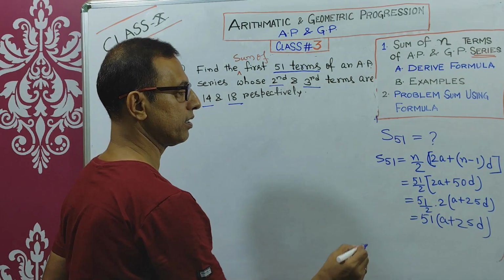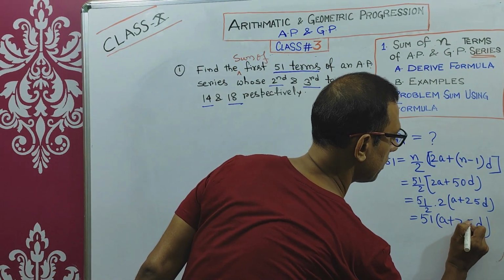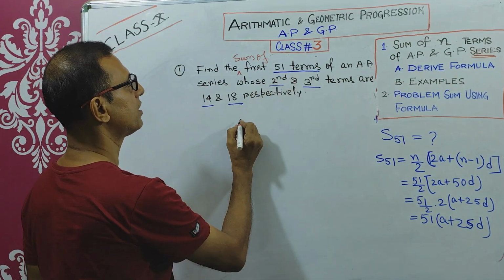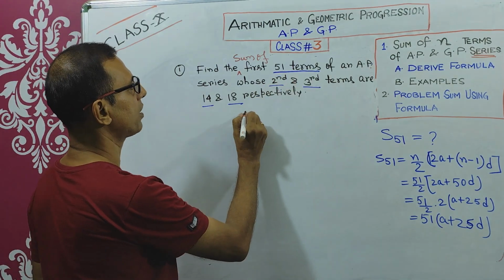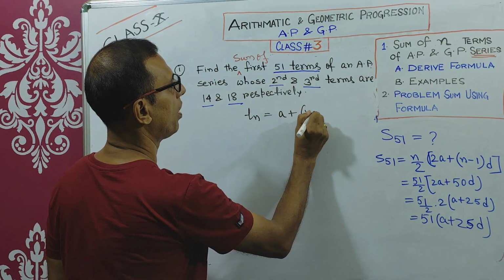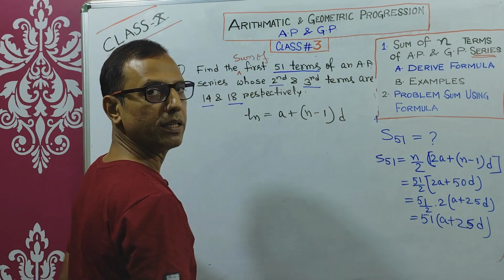But you don't know the value of a and d. That we will find out from the given condition. What is the condition? Second term. You know the nth term formula: Tn equals a plus n minus 1 into d for AP.